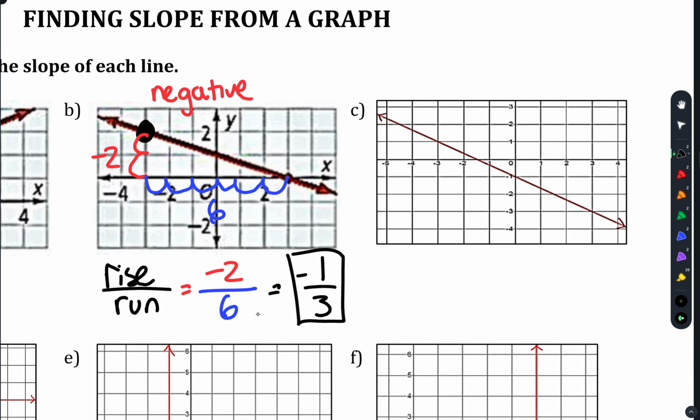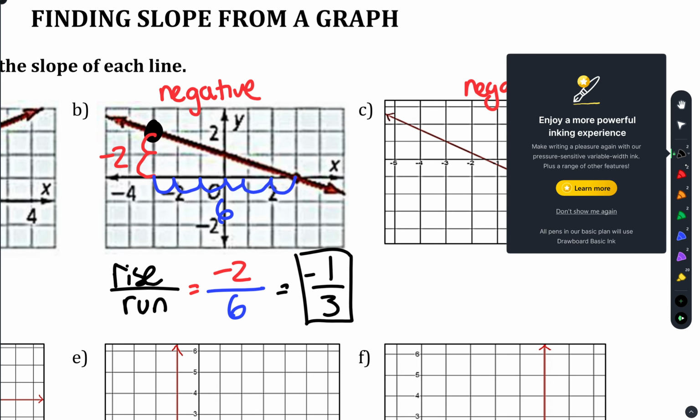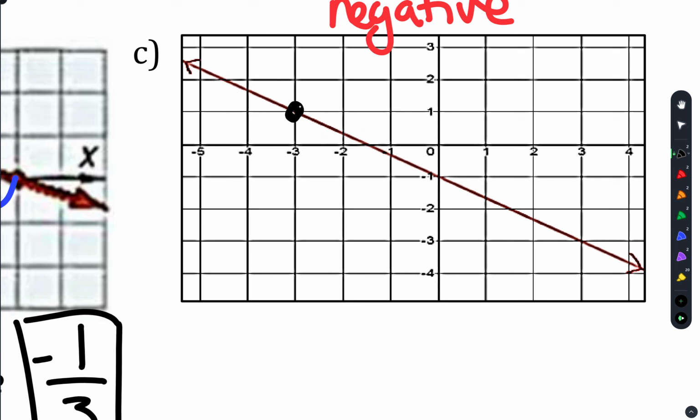My slope is negative, which matches the shape of my graph. I'm good to go. Another one. Positive, negative, 0, undefined. Another negative. The points aren't nicely picked for me, so I have to make sure that I pick 2 points that lie on the corners of my graph. So let's see, this one here, do we see how it lies nicely on a corner? This one here lies nicely on a corner.